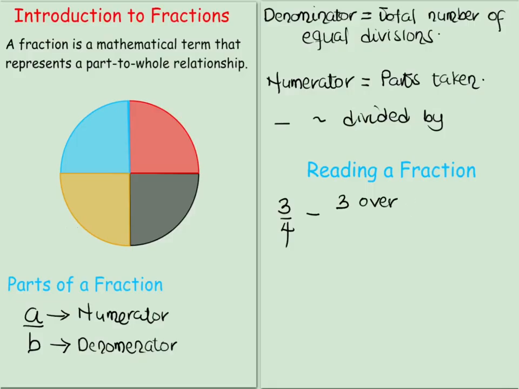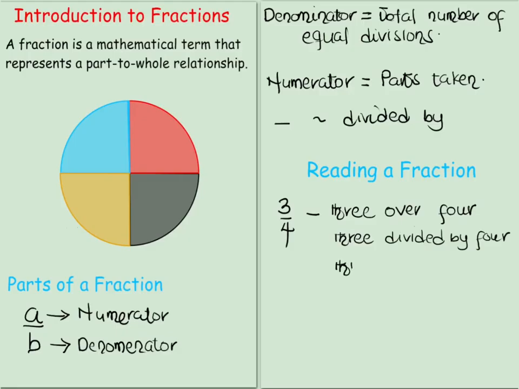Let me write it in words. Apart from writing it as 3 over 4, we said the bar is "divided by", so you can also write it as 3 divided by 4. You can also call it three-fourths.